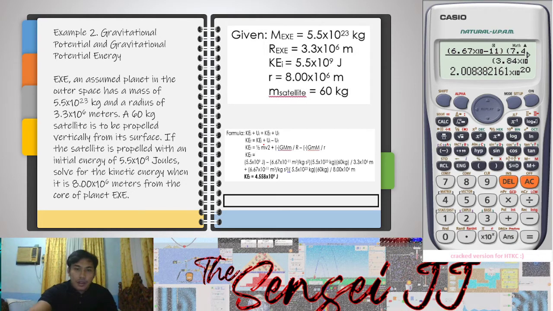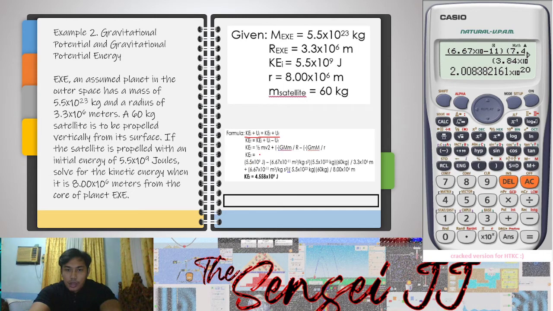Our formula is KE initial plus gravitational potential initial equals KE final plus gravitational potential final.